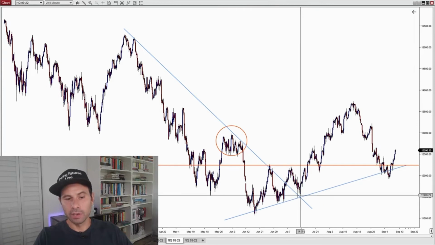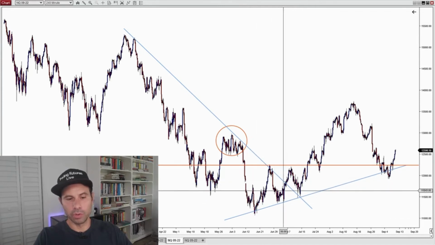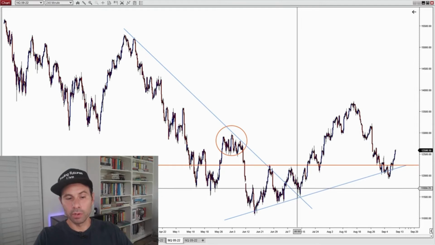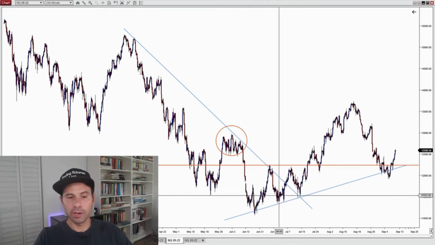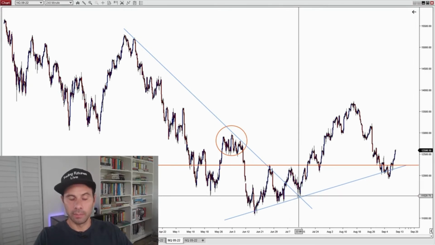The buyers were very present here, and then we traded in a range for a few days, a couple weeks, but we couldn't break the low of the previous high. So we are actually creating a higher low in this pattern, right?